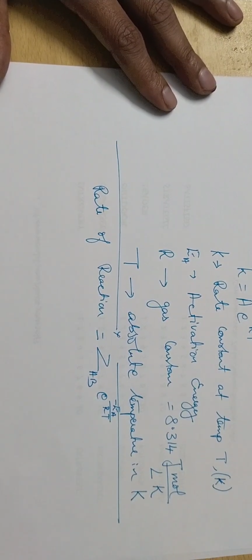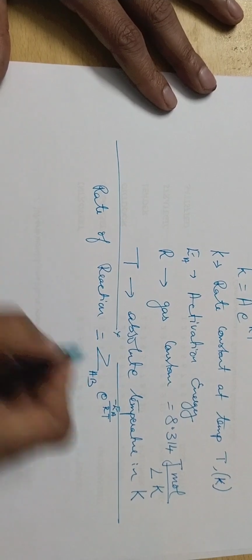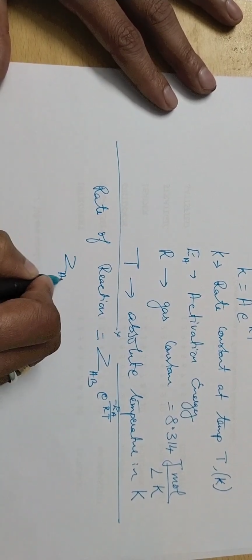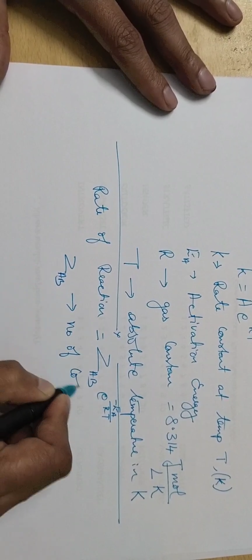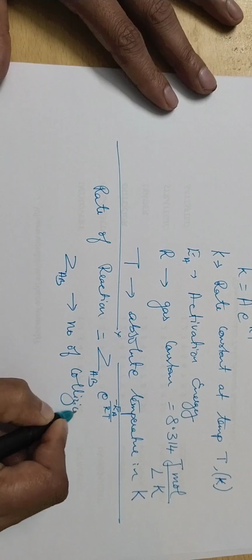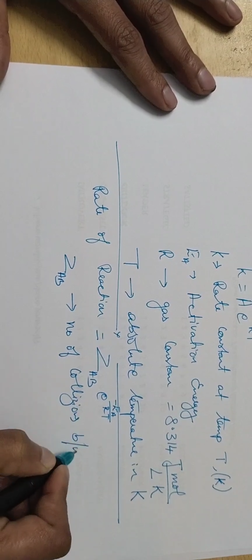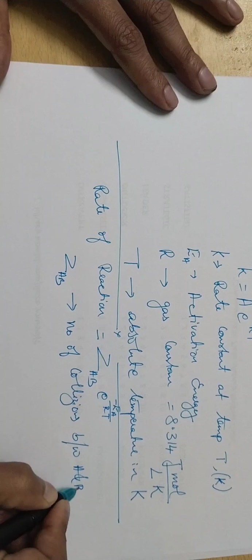Equation which is very similar to Arrhenius equation. Here ZAB is the number of collisions between A and B.